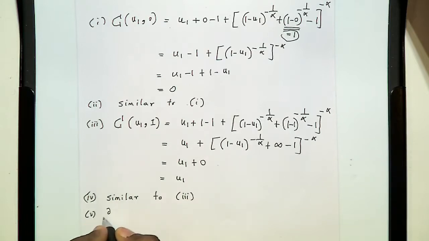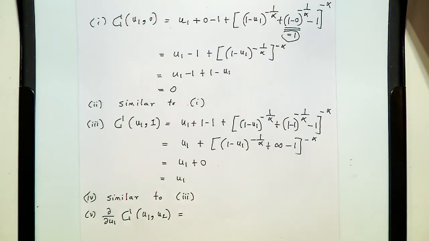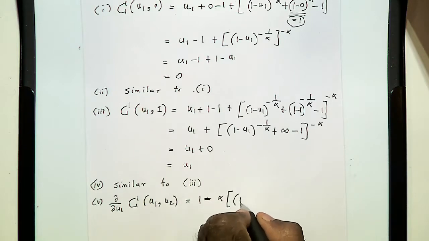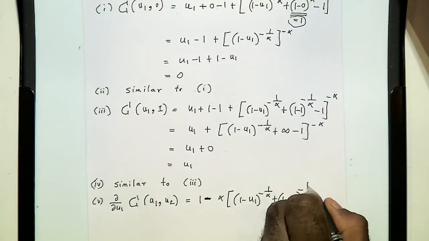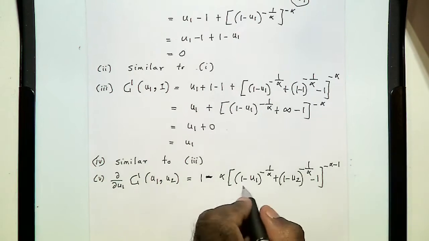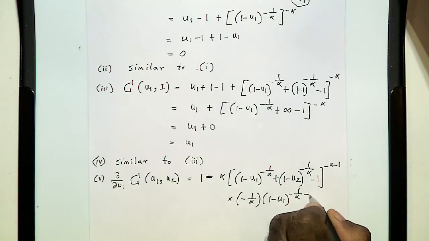Part 5 is the partial derivative. This can be tricky. So I'm going to use the chain rule to find the partial derivative. So you get 1 minus alpha, then this whole thing, and then you need to differentiate this with respect to u1, so you get, and then you need to differentiate what is inside, so you get minus 1.